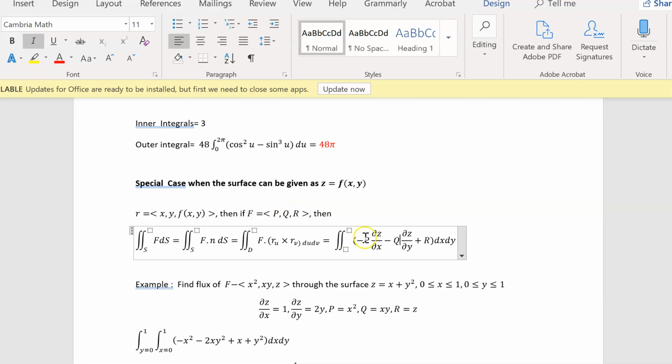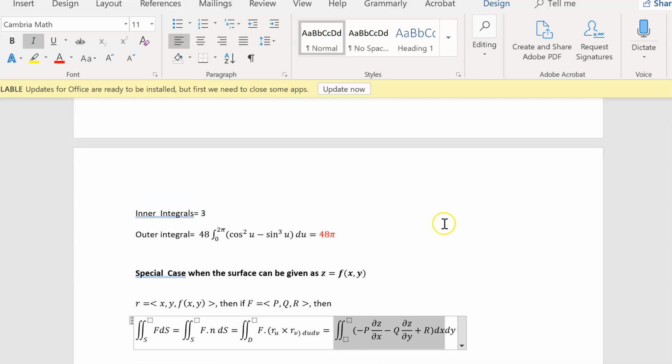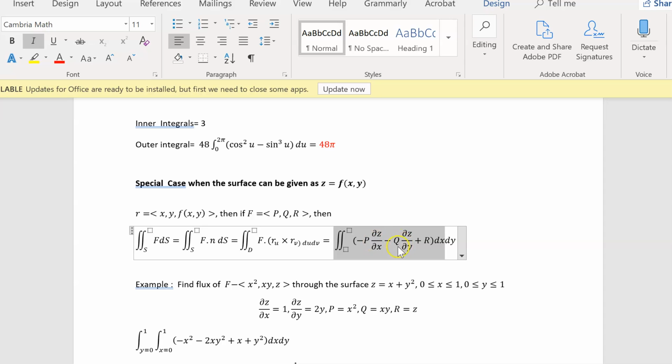And then you have the partial of z with respect to x, because remember z is now a function of x and y, and the partial of z with respect to y. You plug that in and do a simple double integral with the x limits and y limits, and you straight away, without any problem like in the previous problem, don't really have to take dot products and then do the integrals. This is the flux, that's it.